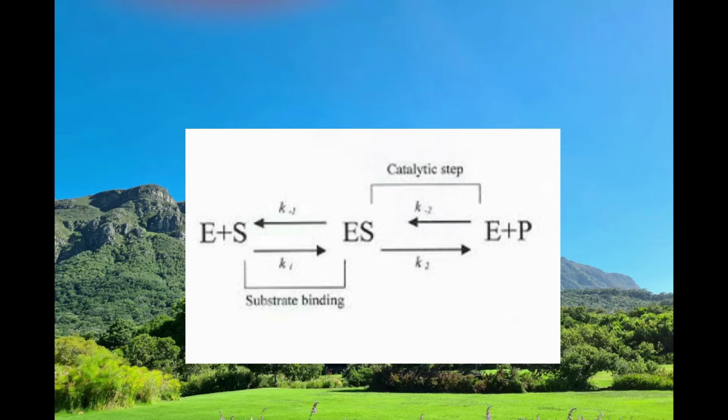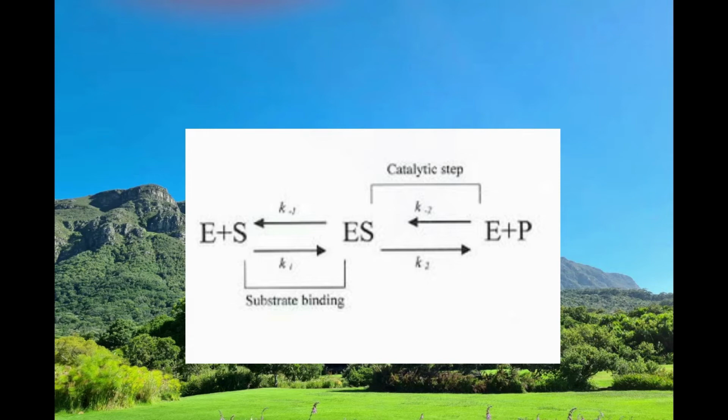Activation energy is the energy needed to start a biochemical reaction. See the graph. It is well shown that without enzyme, the activation energy is high, and when enzyme is added to the reaction, the activation energy is reduced. So reduction of the activation energy means it speeds up the chemical reaction and the product is formed very easily.